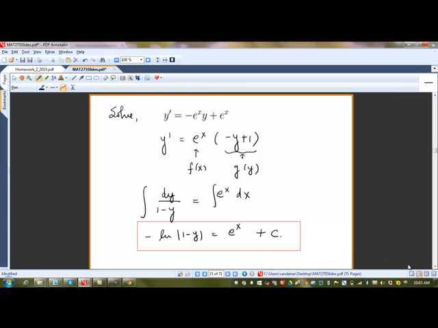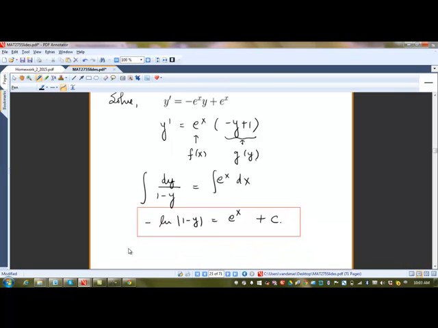So y equals 1 is a singular solution, and this is a general family of solution. All together they become a family of solution, because all of them are solutions. But we are just being very careful about the ones which we are missing.